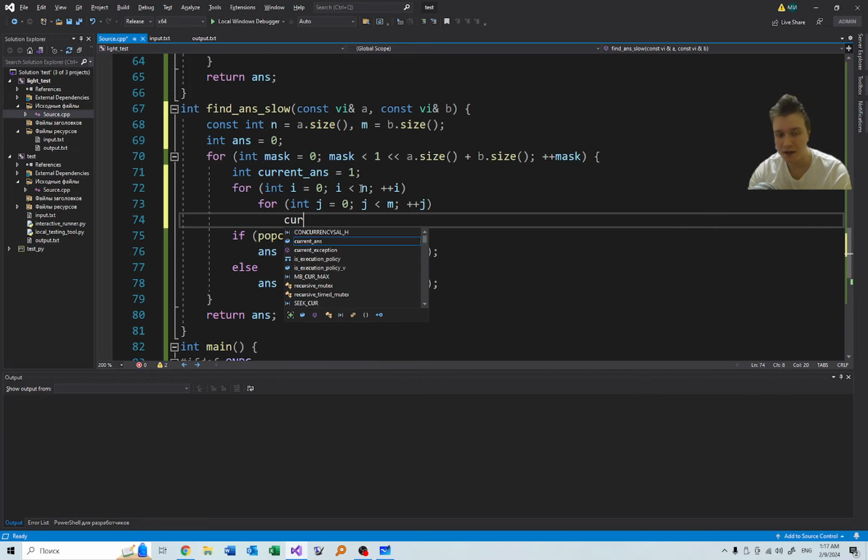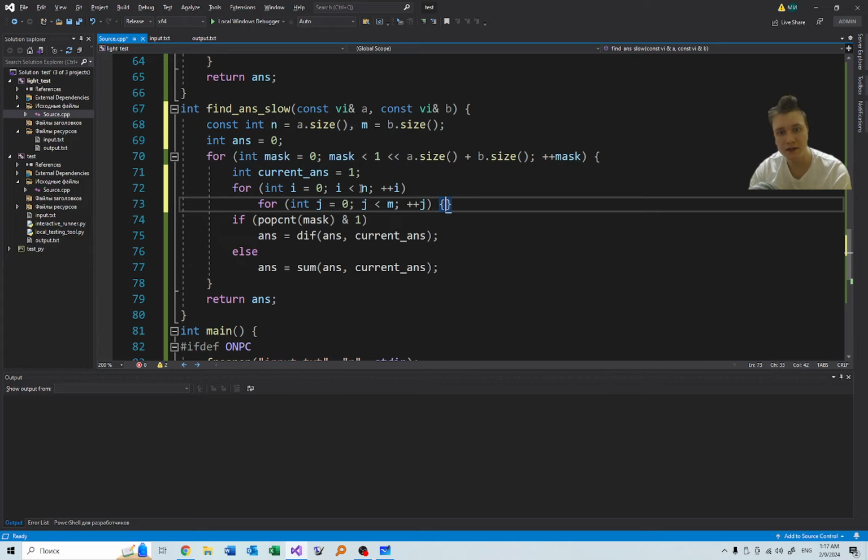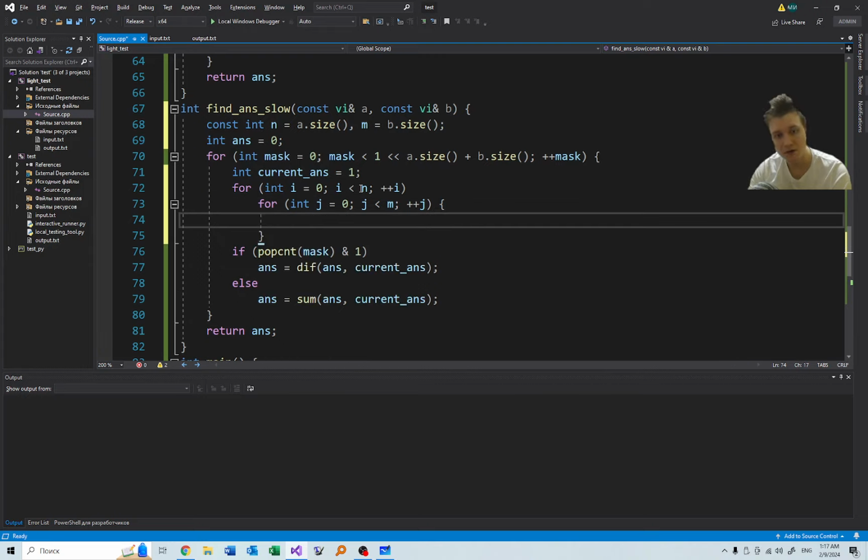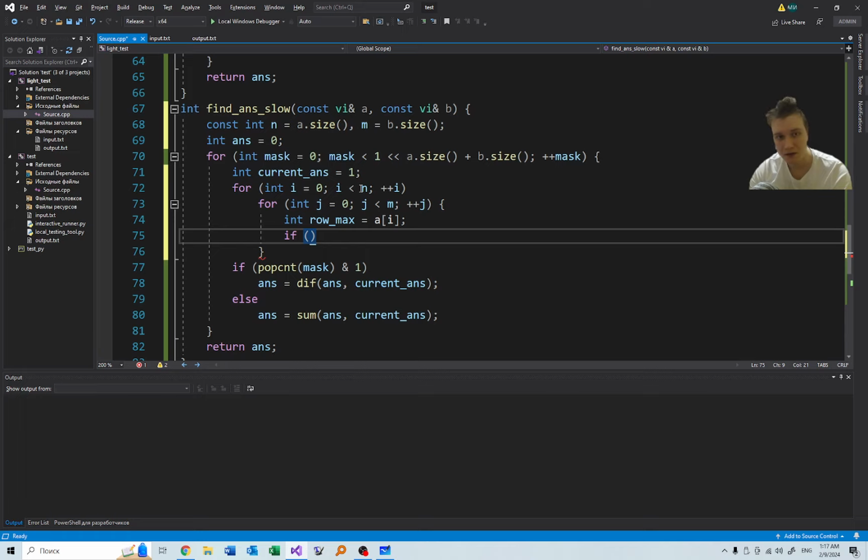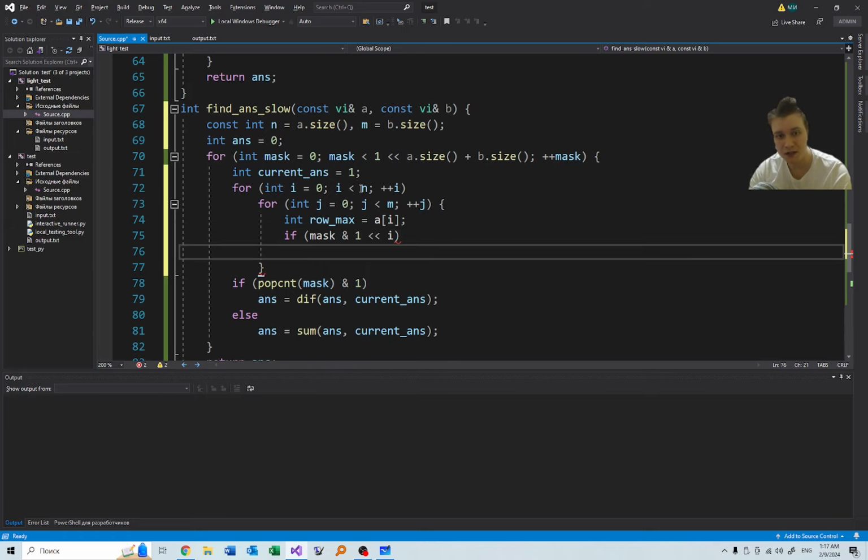So here we say that current answer. Let's actually calculate, first of all, row maximum and column maximum. So int row maximum equals like Ai. But if mask contains bit i, we subtract row max 1 from row max.